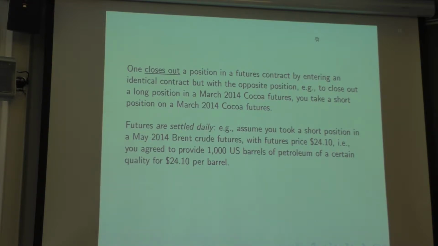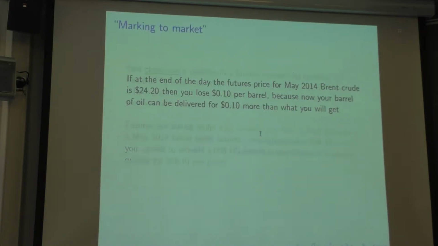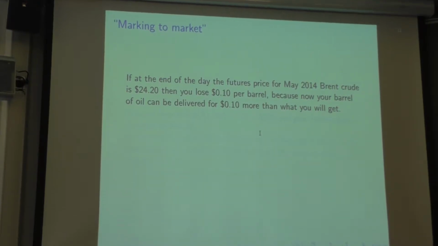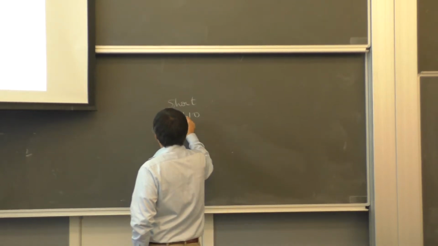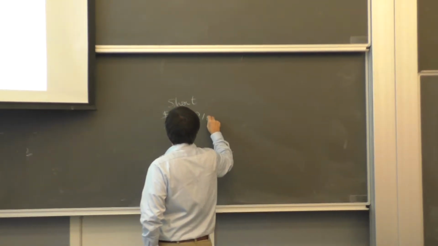Okay? But now people are entering short positions and long positions. As they do that, there is more demand than supply, or the other way around, and prices fluctuate. And we get to the end of the day. So let's see. I had a short position, and the price was 24.10. And this is per barrel.